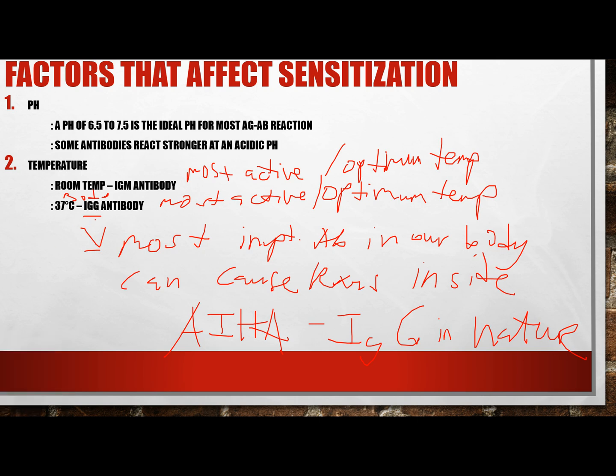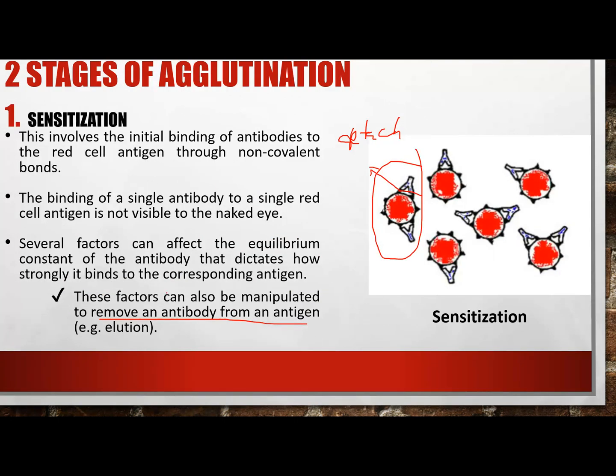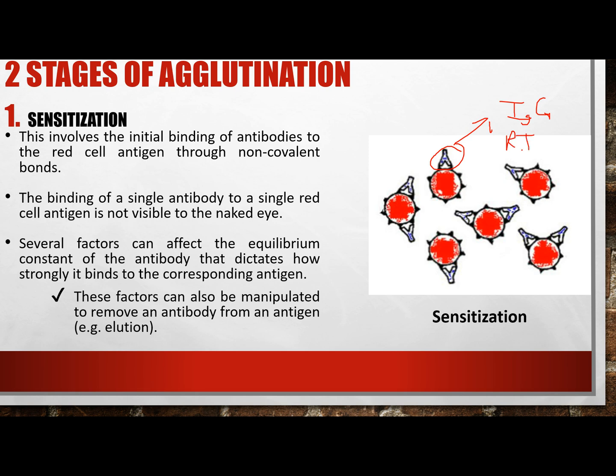So if you have an IgG antibody and you place this in room temp, let's go back to the previous slide. This one, they could be manipulated to remove an antibody from an antigen. Let's say this antibody class is an IgG. Now, you decided to place the sample wherein the sensitization occurred at room temp.